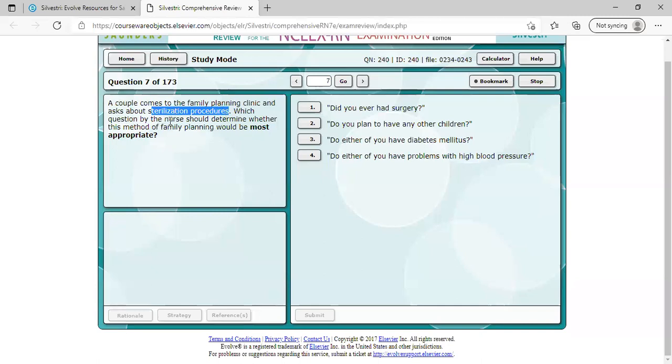Which question by the nurse should determine whether this method of family planning would be the best option? So how do you determine sterilization is the best option? What question could we ask, right? Because the sterilization process is a method of contraception.